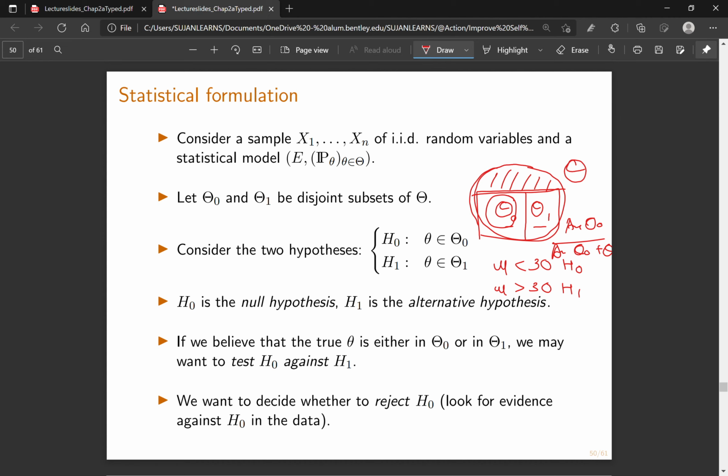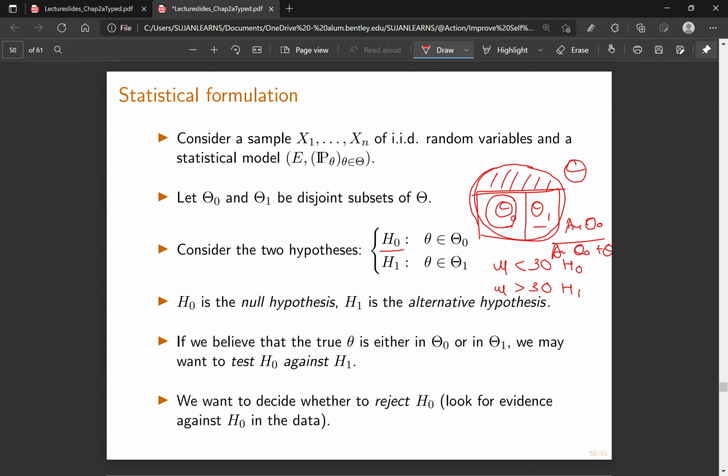When we are writing a hypothesis, we are asking really whether the parameter theta belongs to theta naught or theta 1. Here, H naught is called the null hypothesis, while H1 is called the alternative hypothesis.